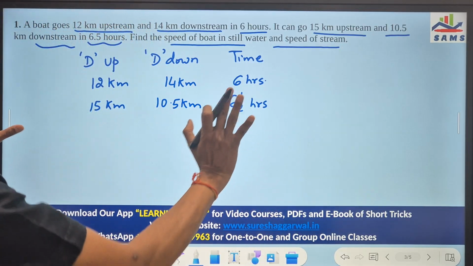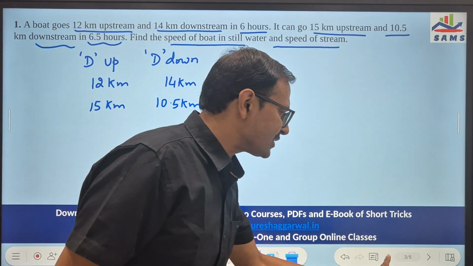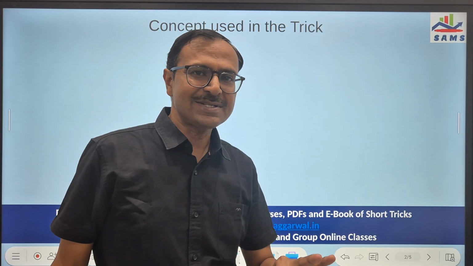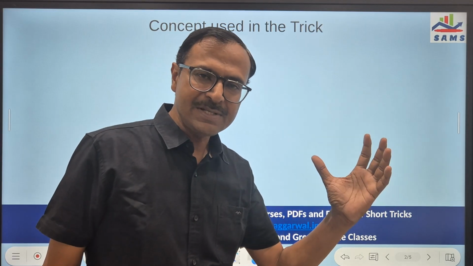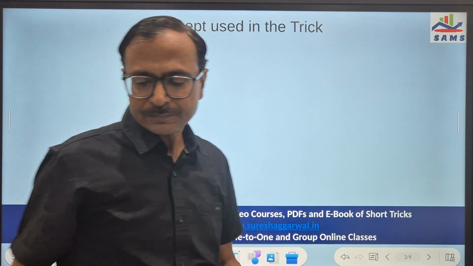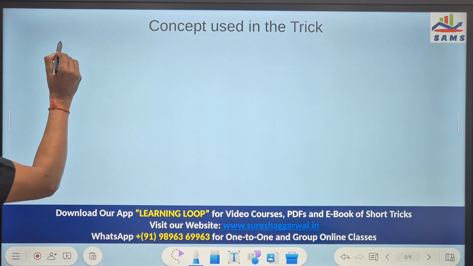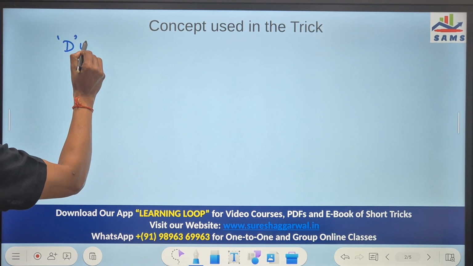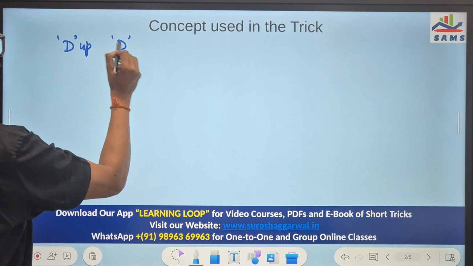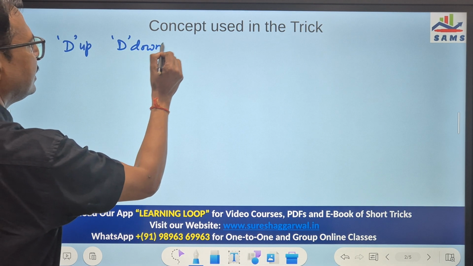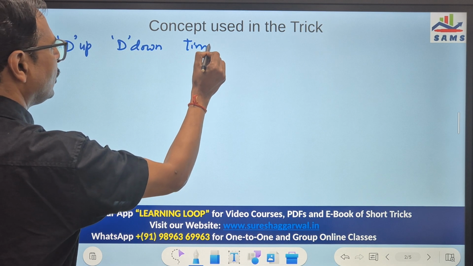So now you know the nature of the question. I'll go back to the concept now, and we will first list down the variables and then the short trick. I told you there are columns like distance upstream, distance downstream, and the time taken. These are the three columns.